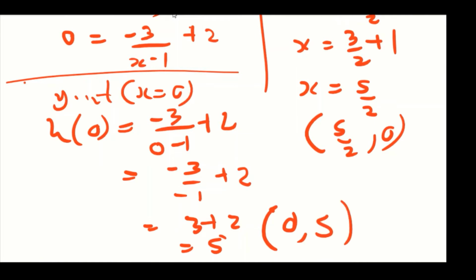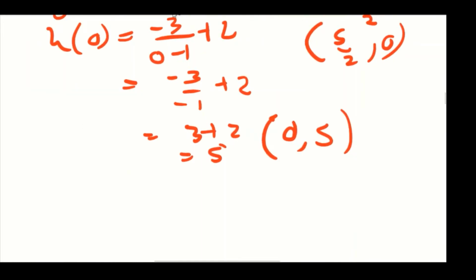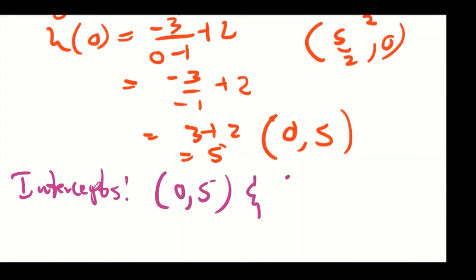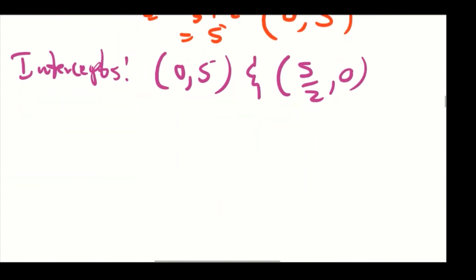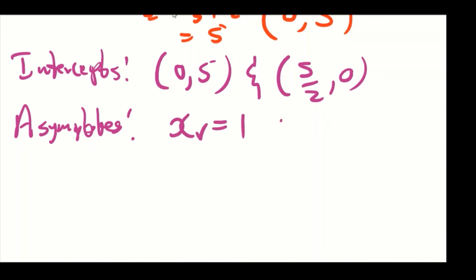So now you have your intercepts, 0 and 5, and 5 over 2 and 0, and then you have your asymptotes: your vertical asymptote equals 1, your horizontal asymptote equals 2.